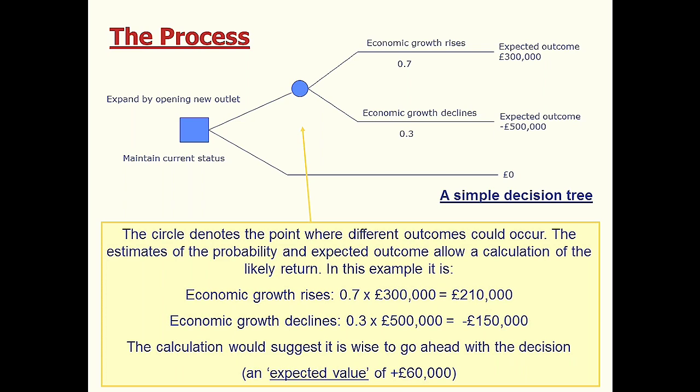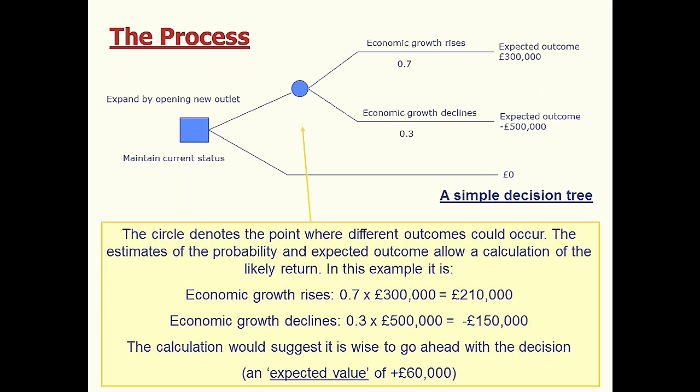When we are calculating the expected value, what we do is we simply add up both expected outcomes. So 210,000 plus negative 150,000 gives us a value of 60,000. So our expected value for opening up the new outlet will be 60,000. So always remember, when we are calculating the expected value, we add up both the probability outcomes.